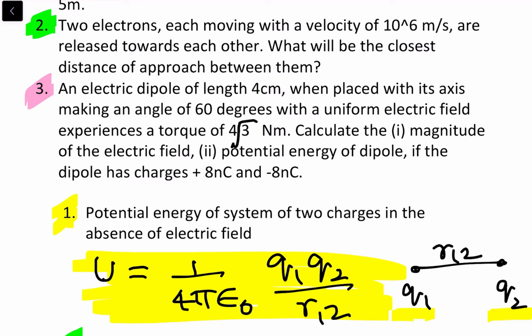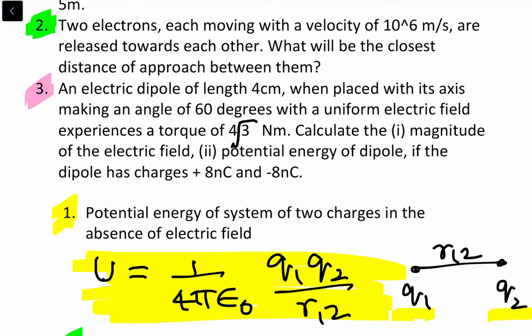What they have given is a dipole, that is plus q and minus q. Dipole, you all know, is two equal and opposite charges separated by a distance. So plus q is 8 nanocoulombs and minus q is minus 8 nanocoulombs, and the length of the dipole 2a is 4 centimeters. Then it is placed in the external electric field, making an angle 60 degrees with the electric field, and it experiences a torque of 4 root 3 Newton meter.